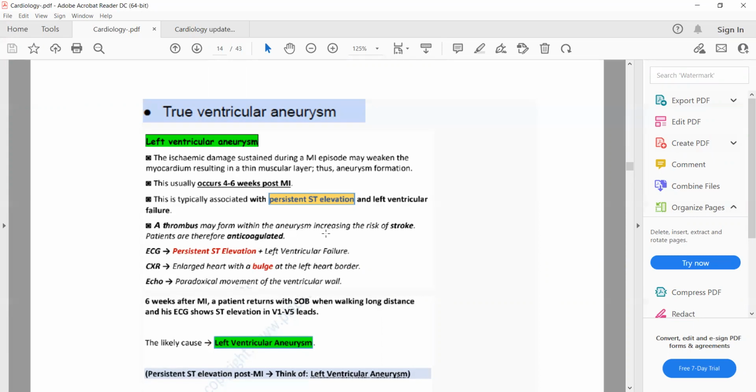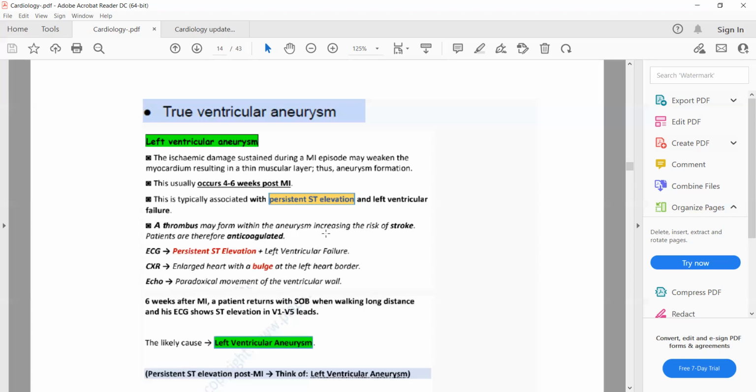So persistent ST elevation in a patient after MI, even after 2 to 3 weeks, then you will think of ventricular aneurysm.